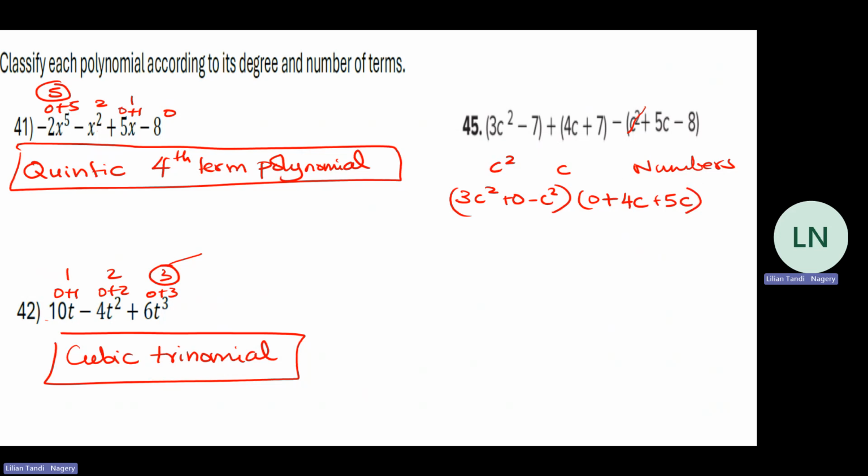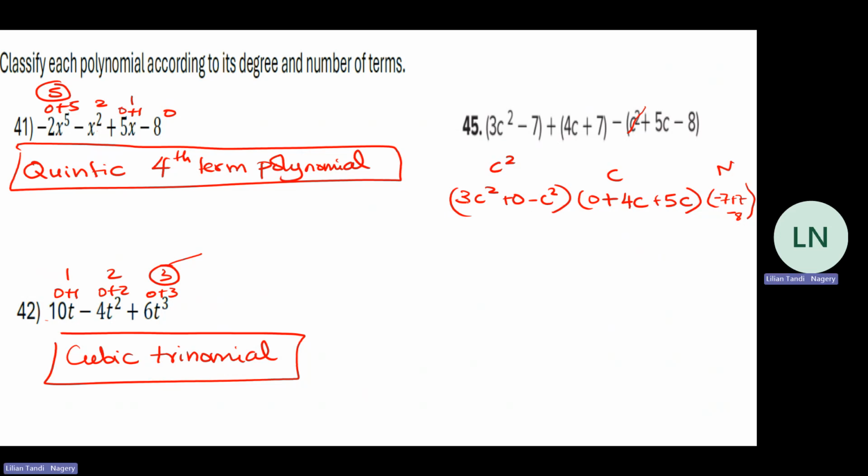Then I want to use my numbers. Erase this, move it here. Erase this and put it here. Then put your numbers. Your numbers are who? -7 plus 7 minus 8. Okay, now let's solve this.